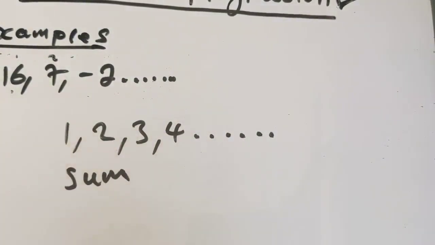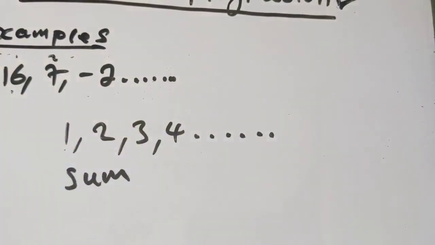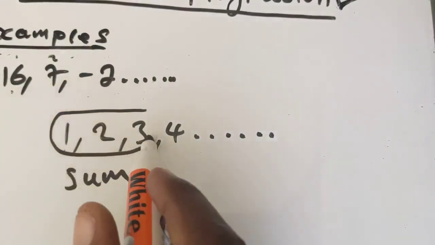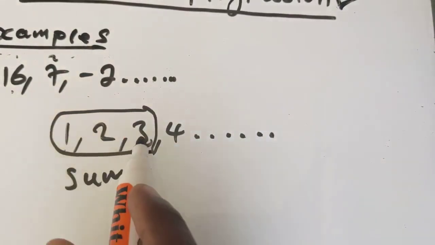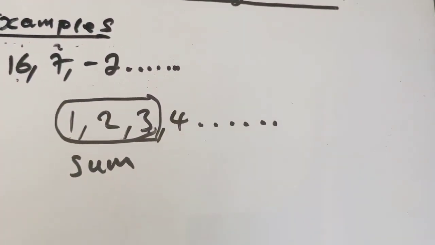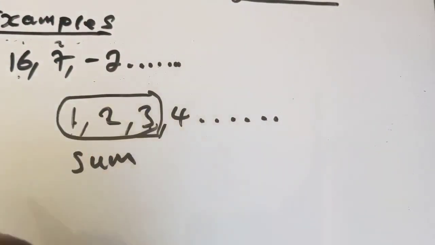If they say find the sum of the third term, meaning starting from here, the third term is where it ends. So you need to add this plus that plus that. The sum is the addition of certain numbers.